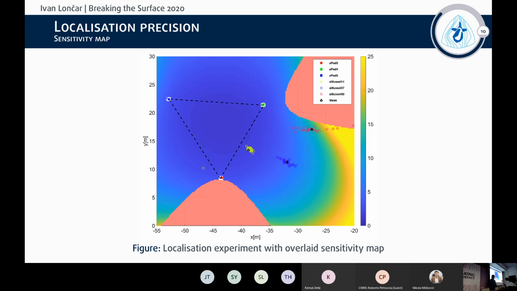The area in blue shows the area with lower uncertainty than that in yellow. And visually, we can see that the data correlates. The uncertainties in the positions of the agents correlate with the uncertainty we get from the map.